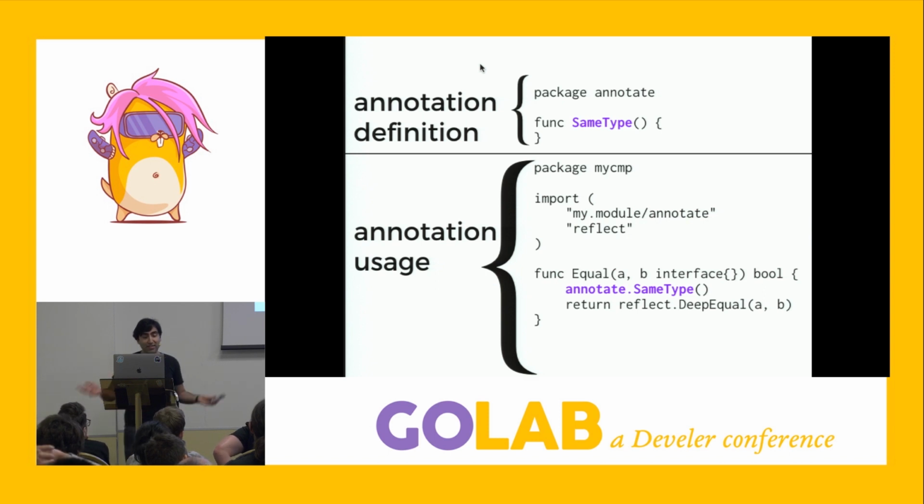I'll define this annotate package that has the same type function in it. When I call same type in another function, I'll consider that a communication to the analysis framework that it should check that whenever that function is called, it's called with the same types. So we're creating an annotation by putting this call to same type in equal.